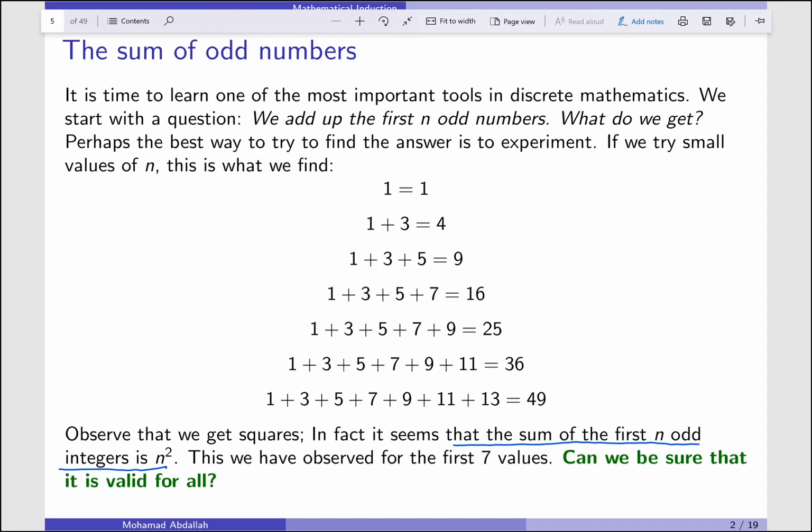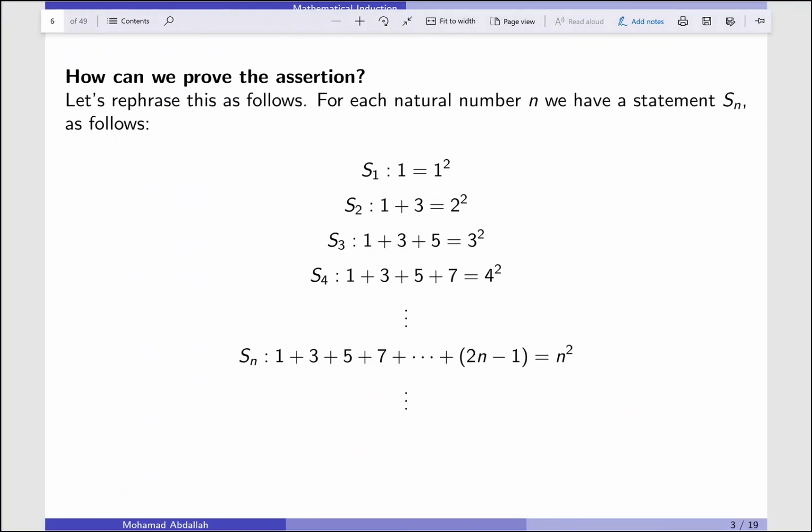I want to rephrase the problem. I want to call each of these equations that I had in the previous slide a statement. I'm going to call them S1, S2, and so on. So I'm given a statement here, and you can see that this is Sn. This is the sum of the first n odd integers, and I'm saying that this is n squared. I didn't prove this yet.